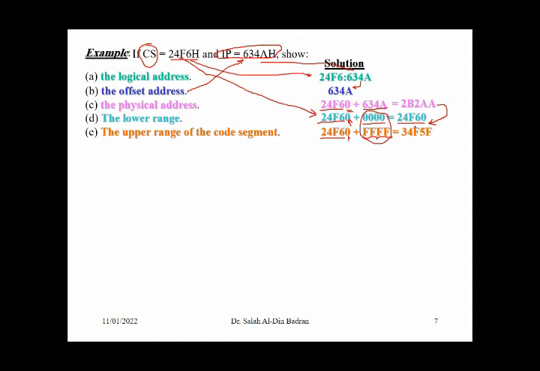This physical address is here inside these two numbers. You can say this physical, or you can take it in its logical format. It resides inside the lower and upper range of the code segment.